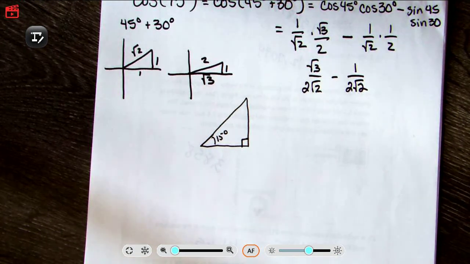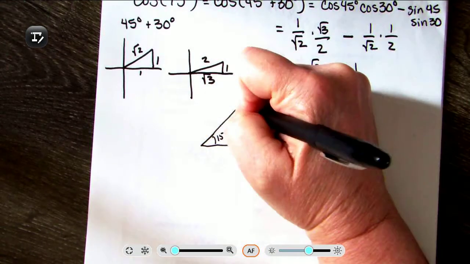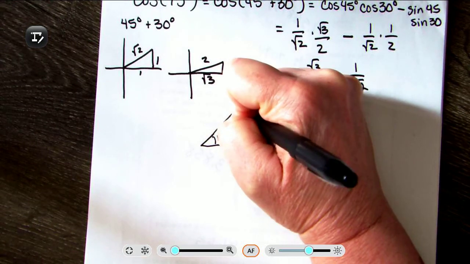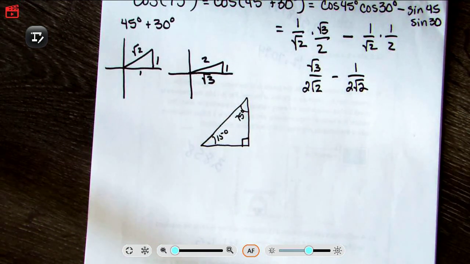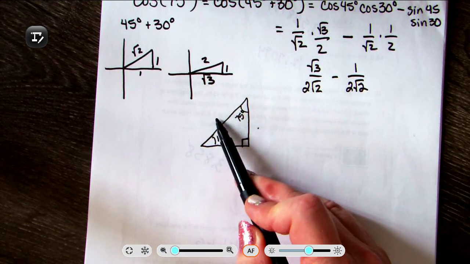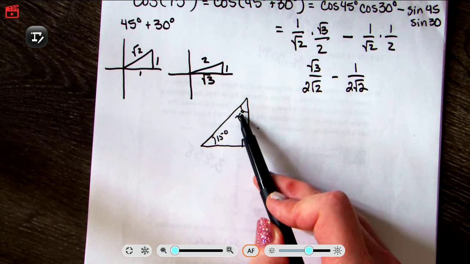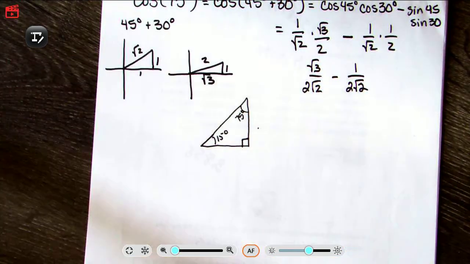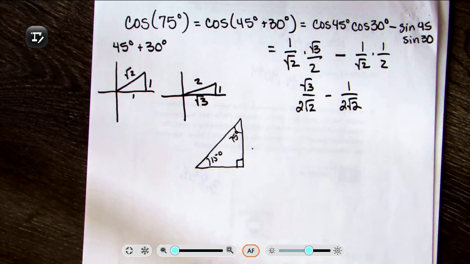Well, if we were in a right triangle, and that was the 75, the sine of 15 is this guy over this guy. Well, the cosine of 75 is that over that. So it shouldn't surprise you that we get the same result for the sine of 15 degrees and the cosine of 75. I kind of wanted to do that to see if you guys recognized it.